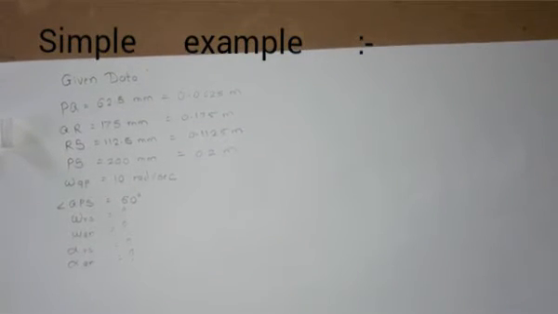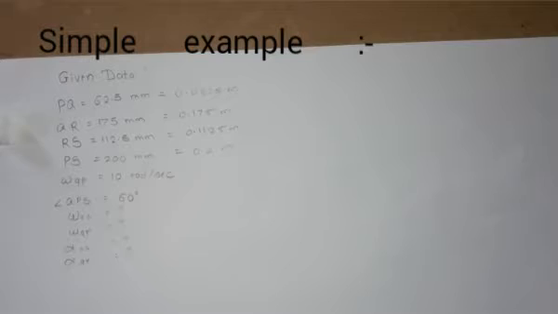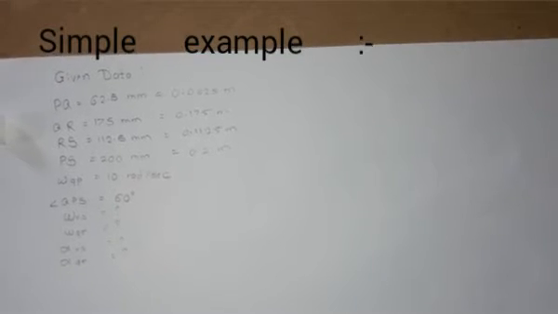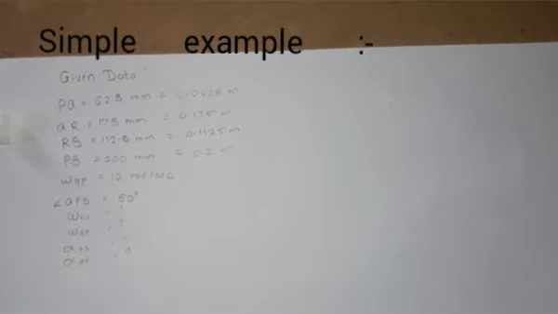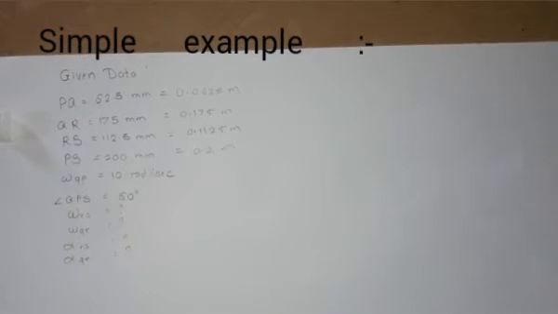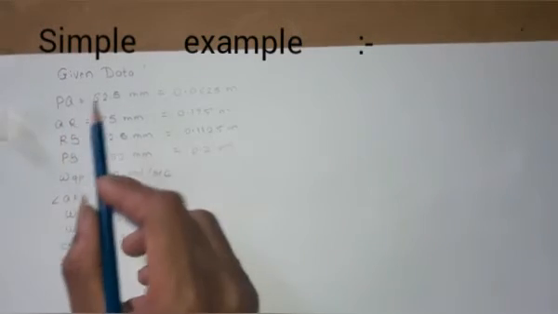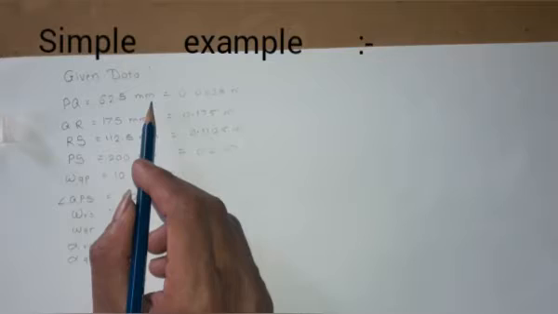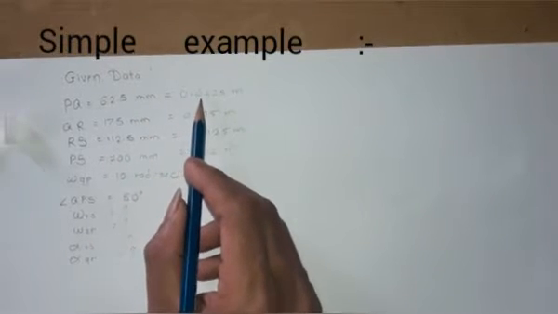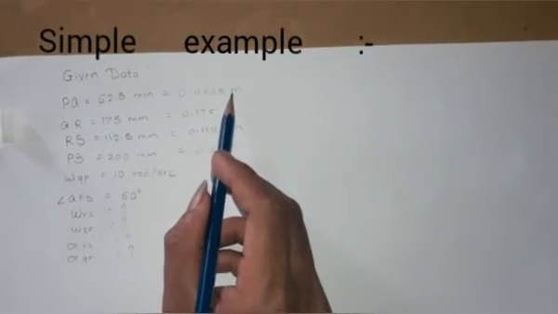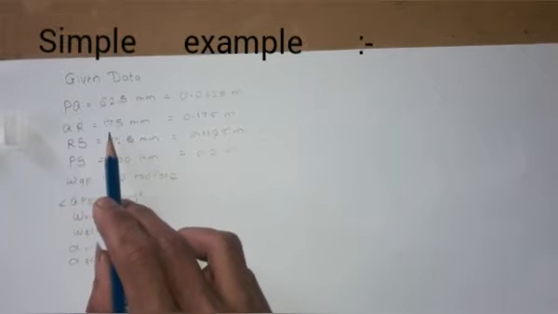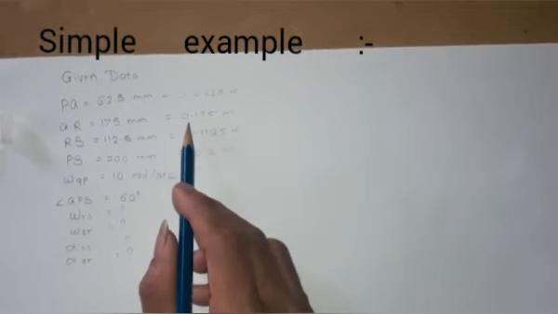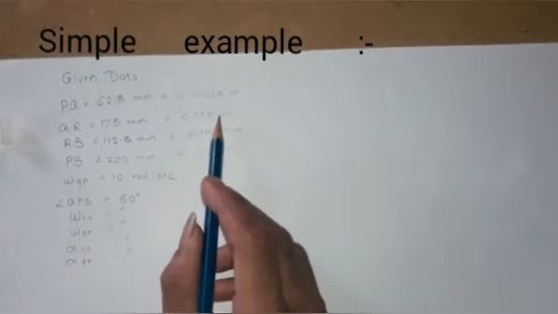Hello friends, let's solve the problem to find acceleration of link in 4-bar chain mechanism using graphical method. In this problem, we have to find out relative velocity and acceleration diagram. So given data is QP, which has length 62.5 mm, equal to 0.0625 meter. QR is equal to 175 mm, equal to 0.175 meter.